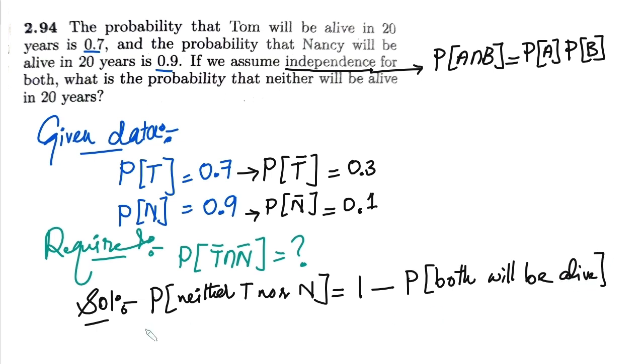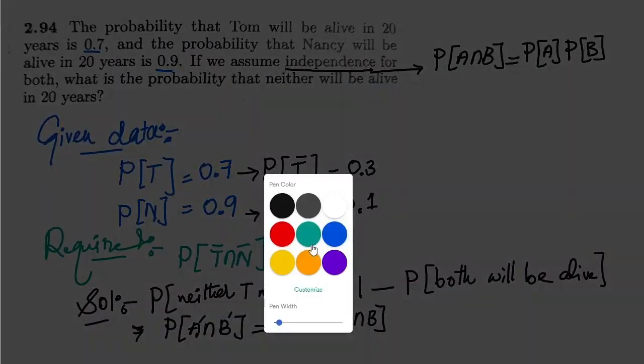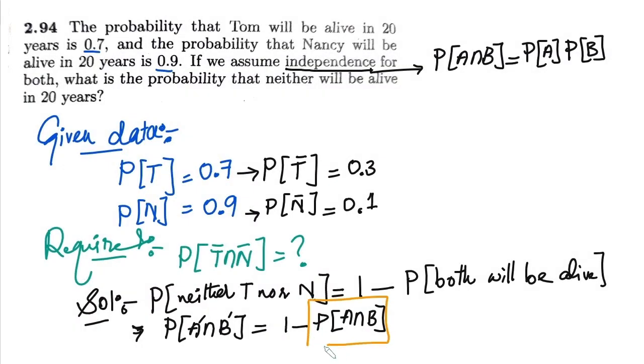To write it in the form of mathematical equations, this would be A complement intersection B complement, so it would be 1 minus probability of A and B. As A and B are independent of each other, this can be written as 1 minus probability of A multiplied by the probability of B.